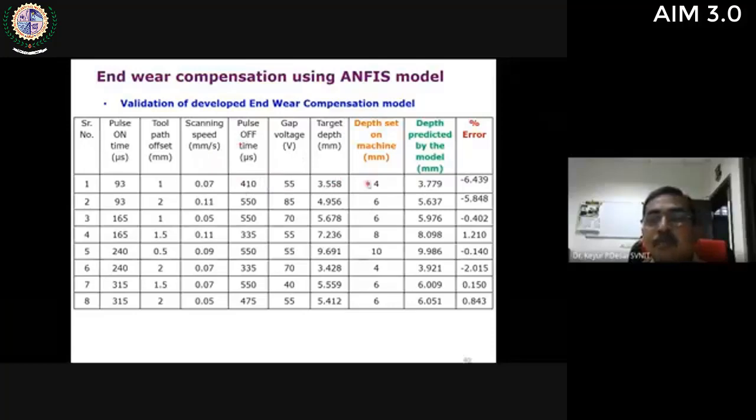Once the model was developed, we carried out experiments for different depths predicted by the model, and then the related percentage error. You can see that the percentage error varies from 1.210 to minus 6.439, which is a good acceptability.